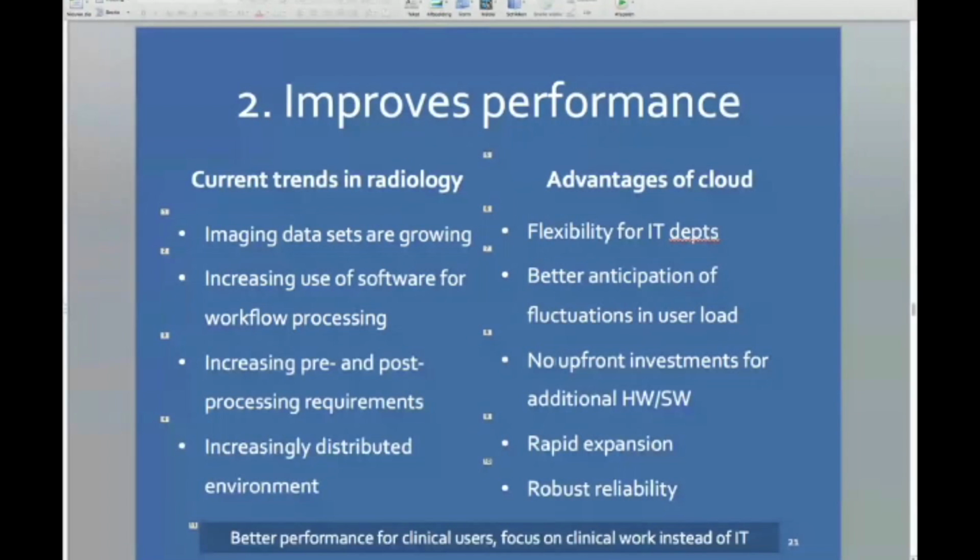So there will be less upfront investment for additional hardware and software, and if needed, there can be a rapid expansion, and there is also a robust reliability of cloud-based services. So overall, we have a better performance for clinical users, and we can focus on clinical work instead of IT.